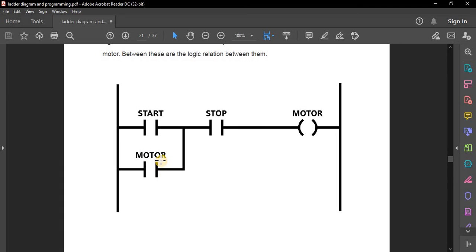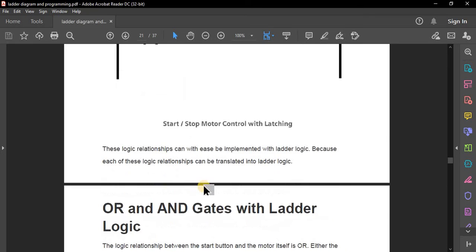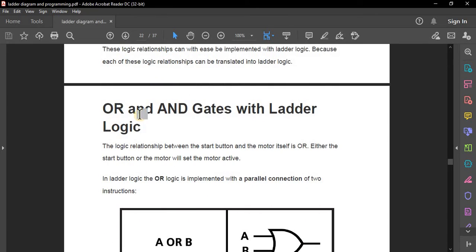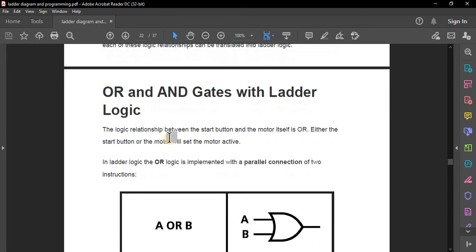These kinds of logical relationships can be implemented easily with ladder logic, because each of these logic relationships can be translated into ladder logic. We are going to see OR and AND gates with ladder logic.